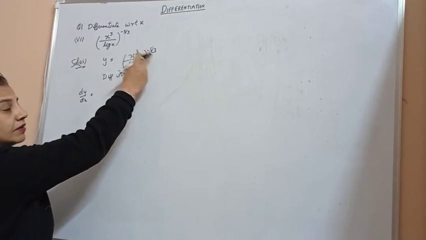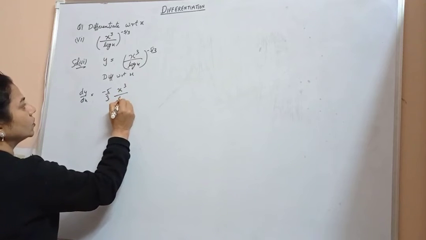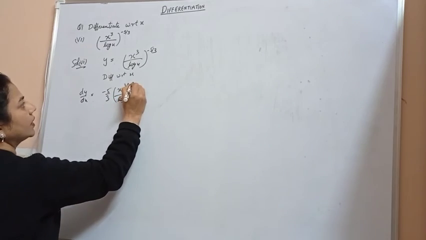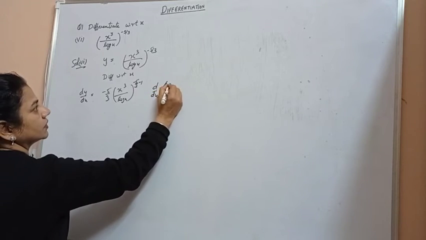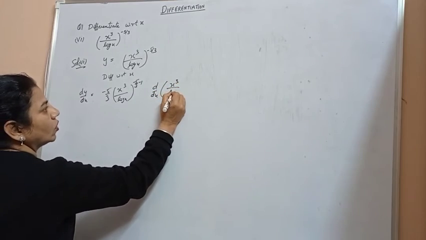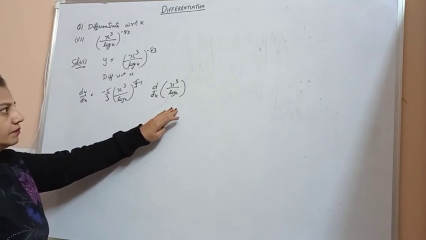We get dy by dx. Apply the power formula, power comes forward: minus 5 by 3 (x cube upon log x) whole to the power minus 5 by 3 minus 1 into the derivative of the function x cube upon log x. Now we apply the quotient rule in this function.